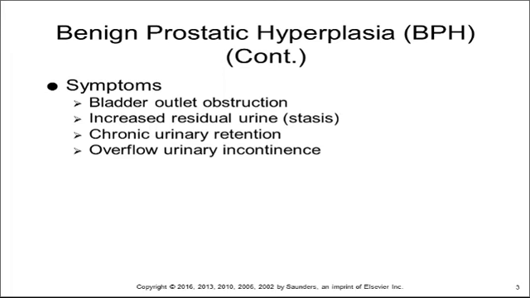First off, your detrusor muscle, which is basically just your bladder muscle, thickens to help push the urine out of the bladder and past that very enlarged prostate gland. Now, despite the fact that the detrusor muscle has grown and thickened to help push the urine out, your patient will still have residual urine in the bladder, and that's called stasis.